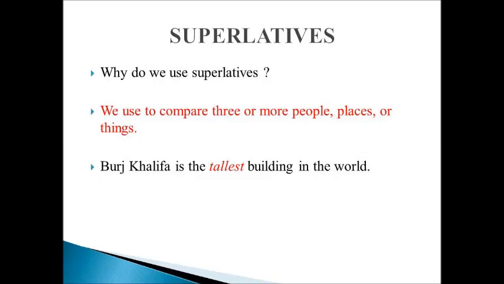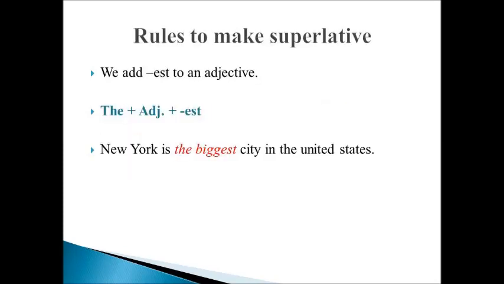What are the rules to make superlatives? Same question. We need to know how to make a superlative, just as we learned how to make comparatives. We add est to the ending of the adjective. For example, we have the adjective big.